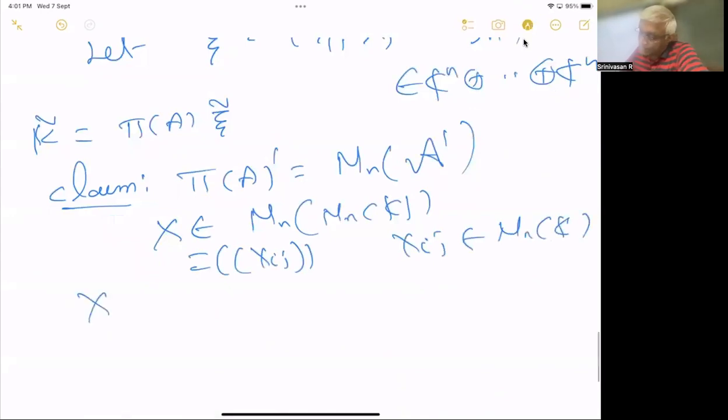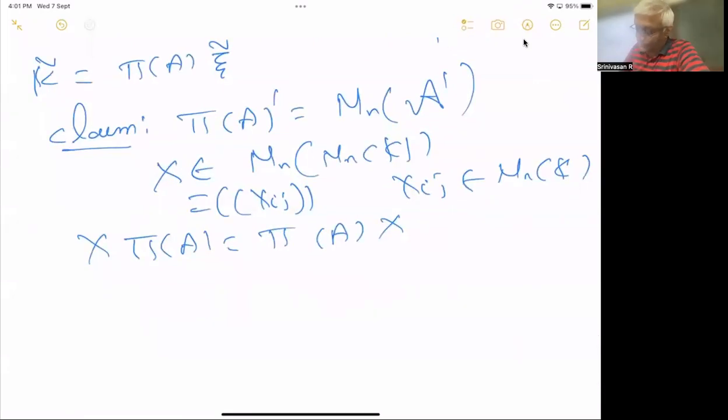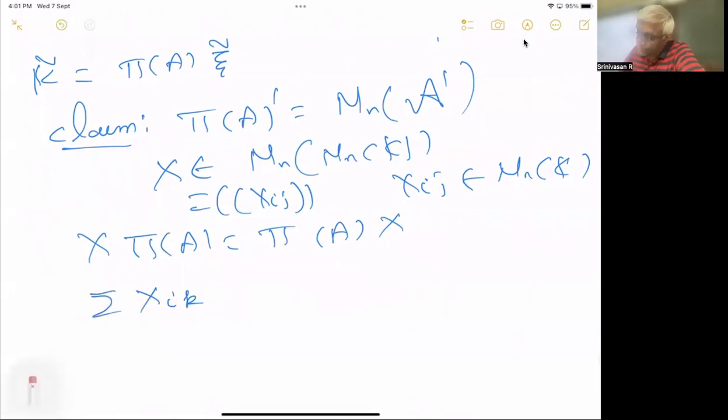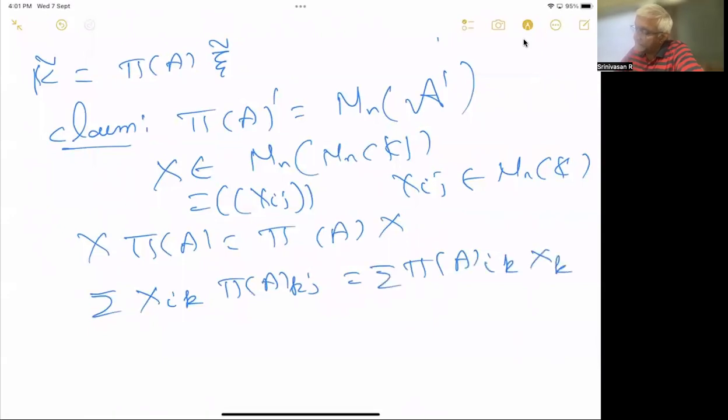Now what does it mean for X to commute with pi of A? Just compute X times pi of A and pi of A times X. The ijth entries of the two products should coincide. So the sum over k of Xik A_kj equals the sum over k of pi of A_ik X_kj. That's what commuting means.